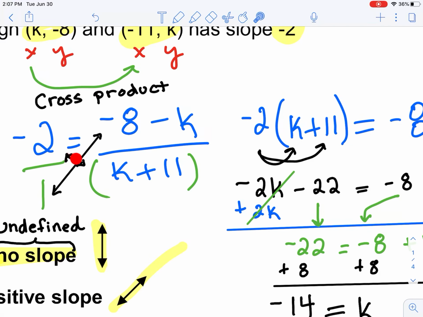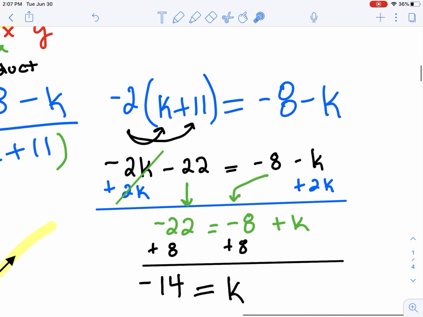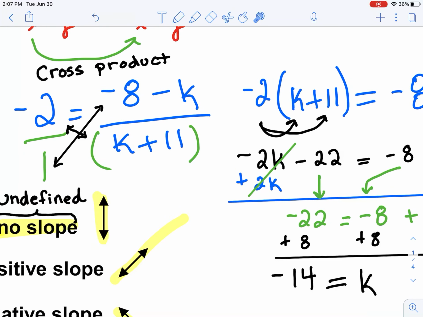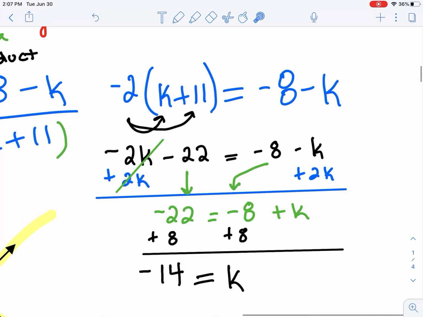So -2 times this quantity will set me up for the distributive property. And then obviously over here, -8 minus k times 1 is just itself. Anything times 1 is itself. So now we're going to go ahead and distribute.